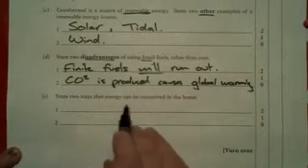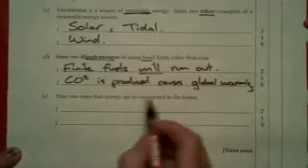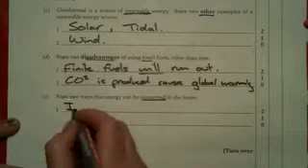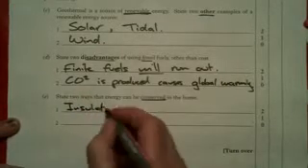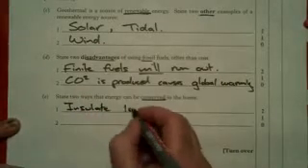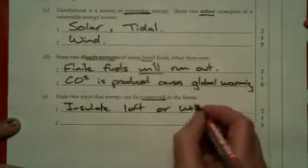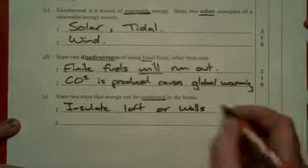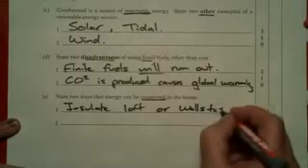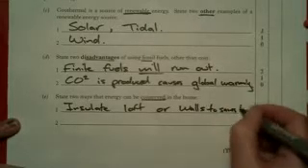And finally, state 2 ways that energy can be conserved in her home. So conserved means saved. You need to understand that. Well, we could insulate, and you can get loft insulation, or you could insulate your walls with cavity wall insulation, and that saves heat.